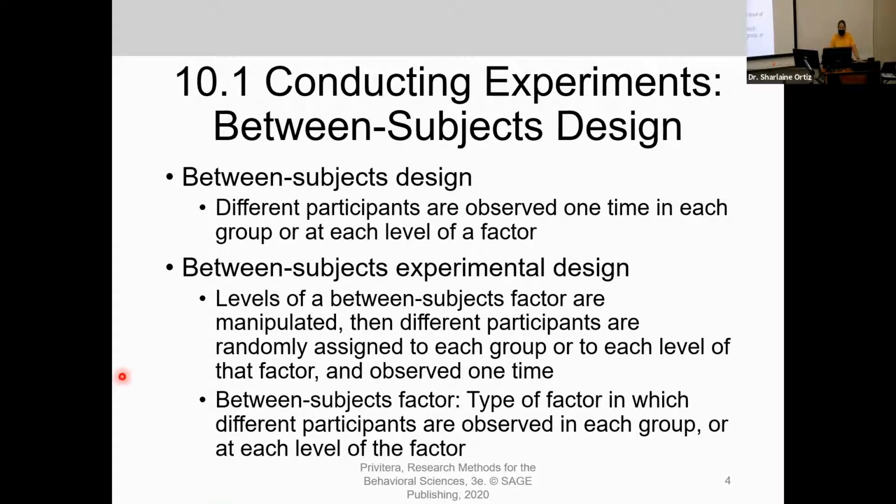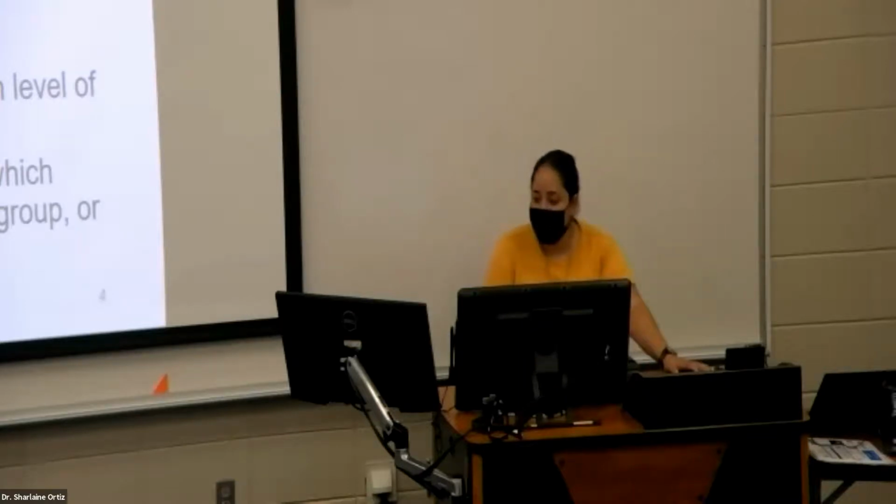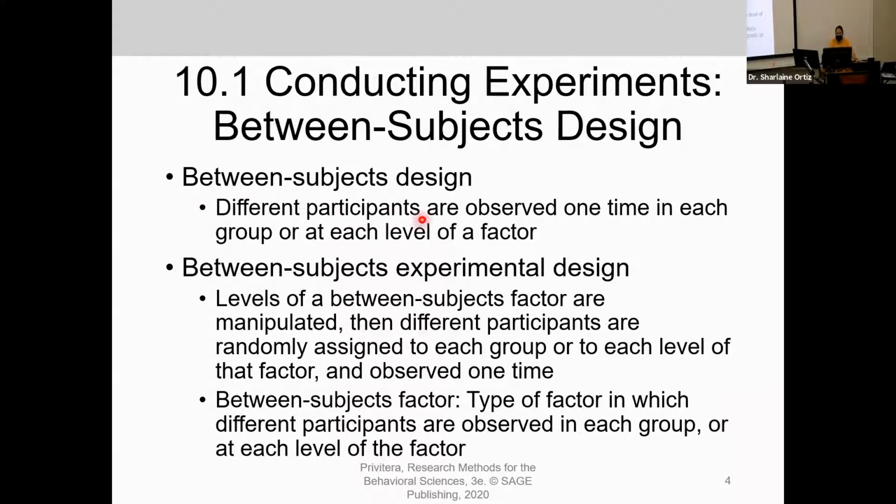Whenever we have that specific level, we have different participants, right? So for example, we don't have a group, say group A, that is going to be the same group that is going to be manipulated. Notice that different individuals are going to be observed one time in each group or at each level.